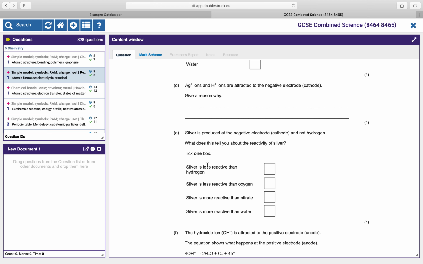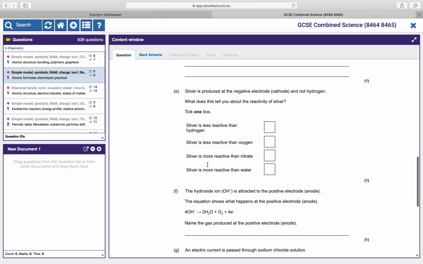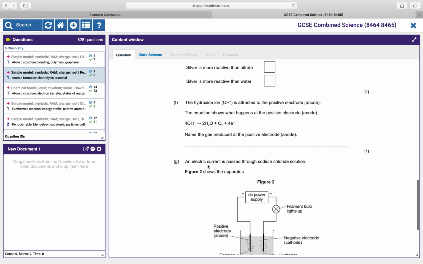Okay, so the hydroxide ion, OH minus ion, is attracted to the positive electrode, the anode, and the equation shows what happens at the positive electrode anode. Name the gas produced at the positive electrode anode.